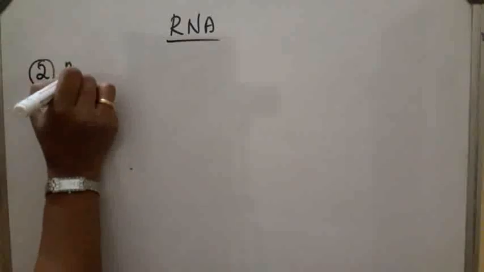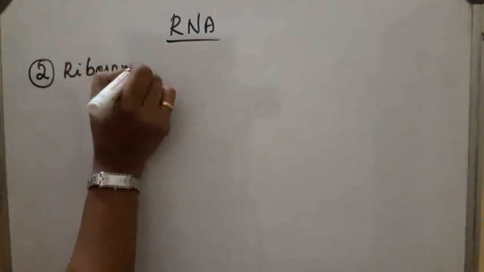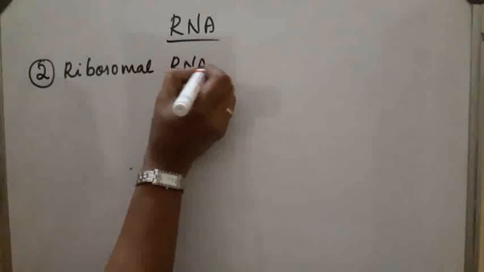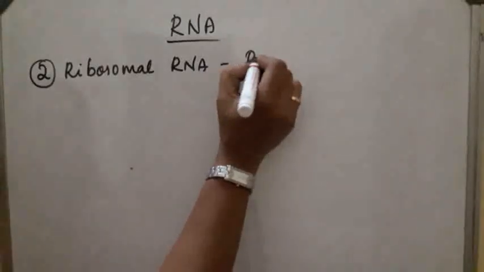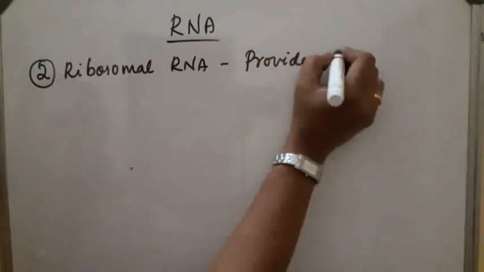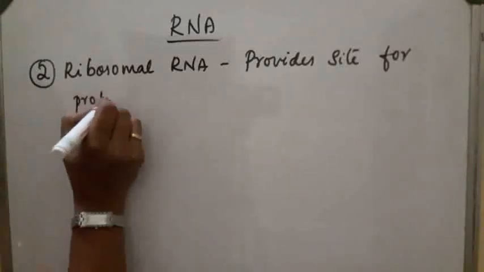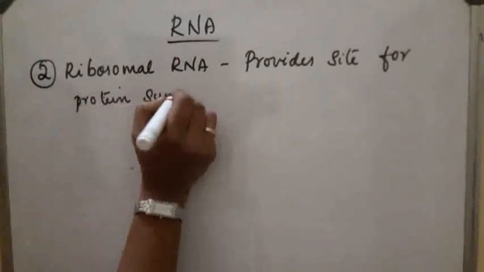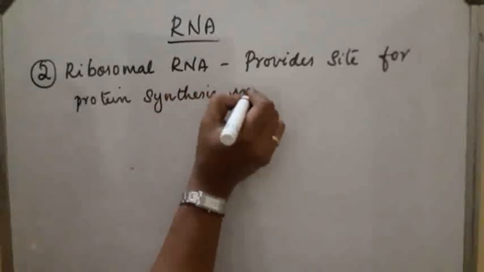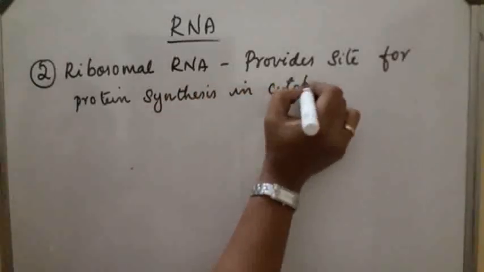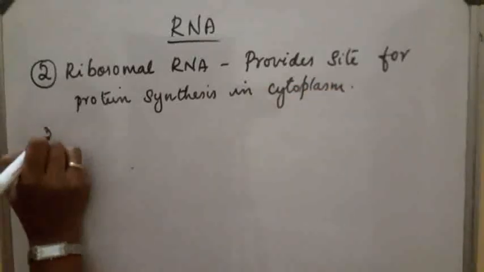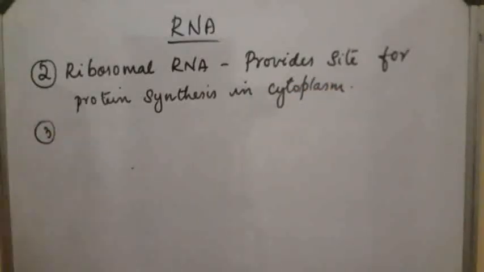The second one is ribosomal RNA. Ribosomal RNA provides the site for protein synthesis in the cytoplasm. Next, the third type is transfer RNA, or tRNA.